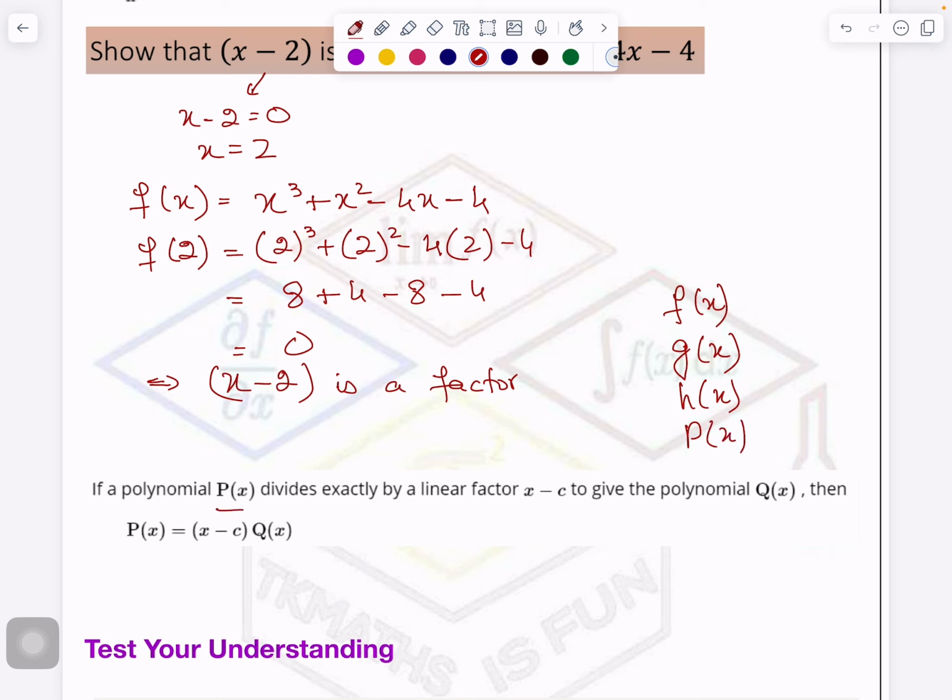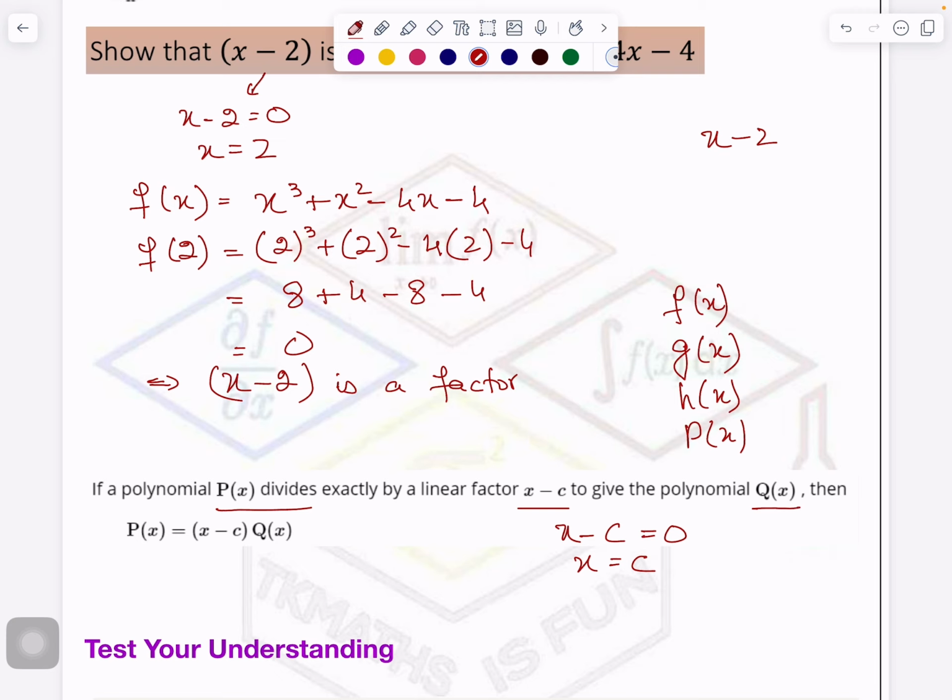Like in this question, it is saying your polynomial p of x is divided exactly by x minus c. Here I took x minus 2 in the question. Now they are taking it as x minus c. So what is the value of x? c, right? You should understand when it is written in terms of algebra, letters. So now q of x is your quotient.